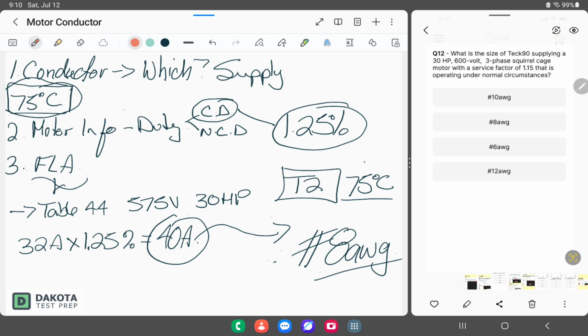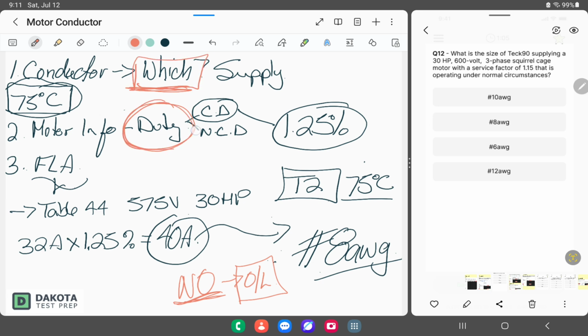When it comes to conductor, do we care about service factor? No. Service factor is only used for overloads. When it comes to conductor sizes, the only things we care about are which conductor and what's my duty.